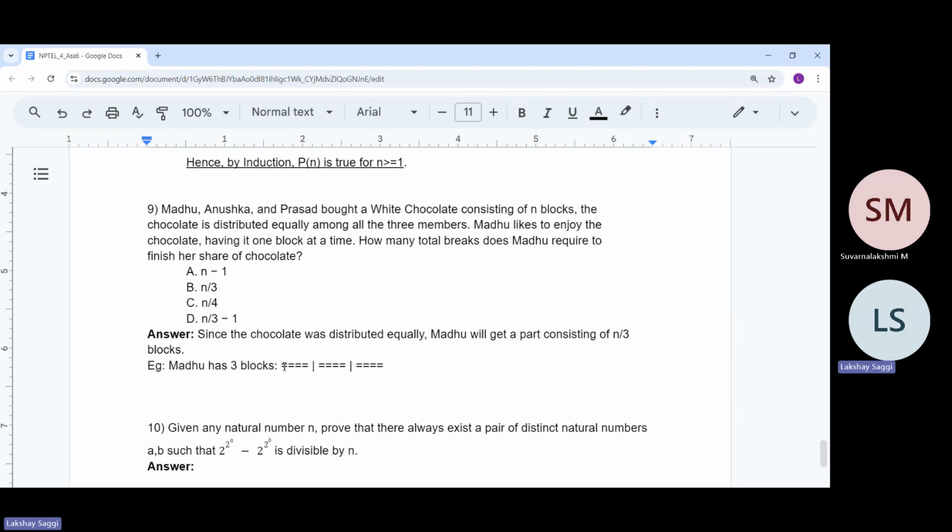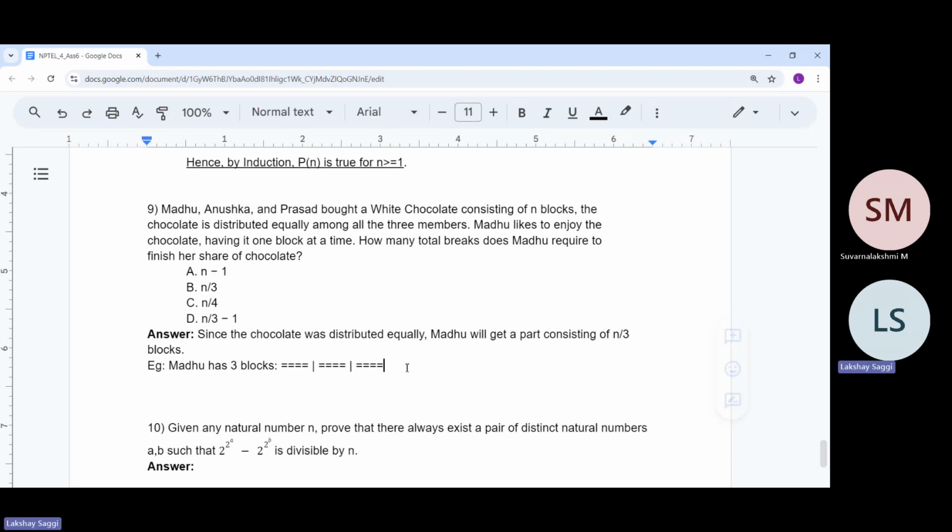If Madhu needs to eat this chocolate block by block, she'll first need to break this part apart so that she can eat the first block. And then when only 2 blocks are remaining, she'll again need to break this part so that she can eat these 2 blocks individually. So when we had 3 blocks, Madhu only needed 2 breaks, one here and one here.